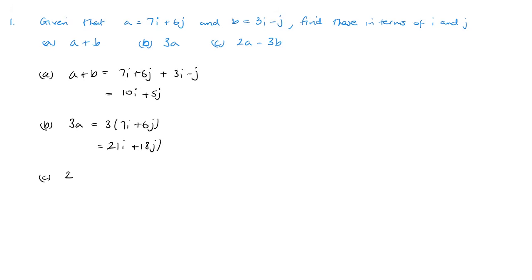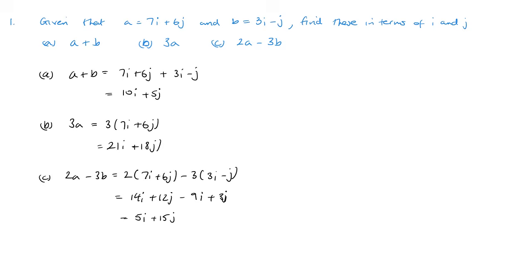And c, 2a minus 3b. So that's 2 times 7i plus 6j minus 3 times 3i minus j. So 14i plus 12j minus 9i plus 3j. So 14 take away 9 gives me 5i, and 12 plus 3 gives me 15j. And that's question 1 wrapped up nicely.